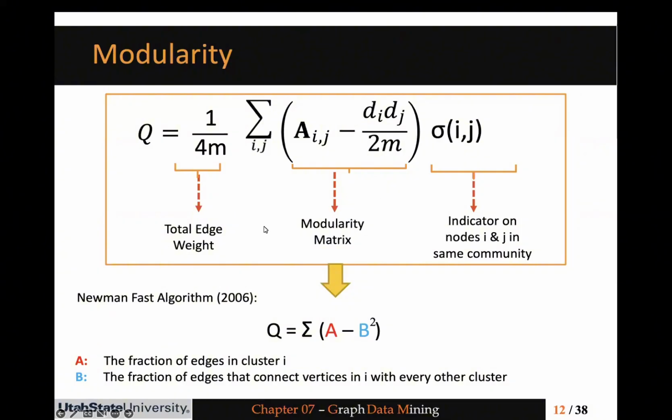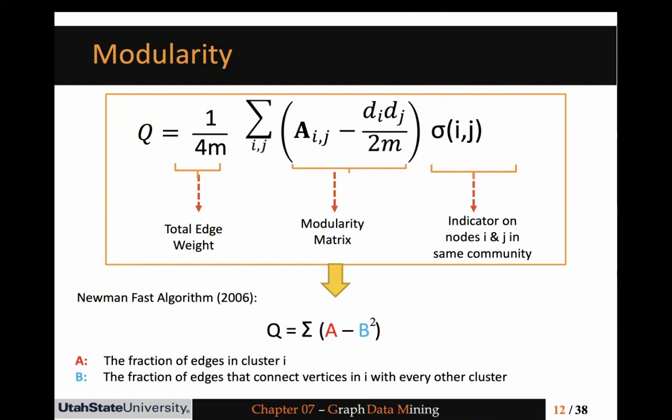So if you want a shortcut, a proxy to that, you can easily use the second formula, which is nothing but a sum. If we have multiple communities, for every single community I compute the following: A, which is the fraction of edges in the cluster I, or the community I, minus B squared, where B is the fraction of edges that connect the vertices in community I with all the other clusters outside of that community.